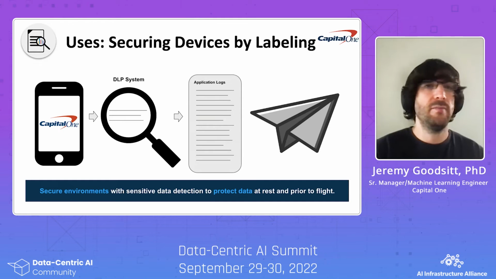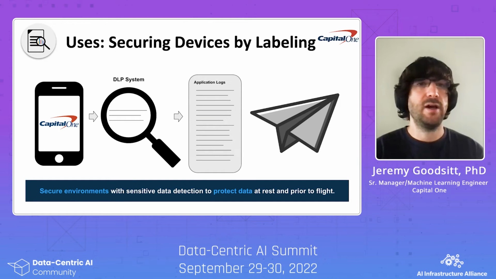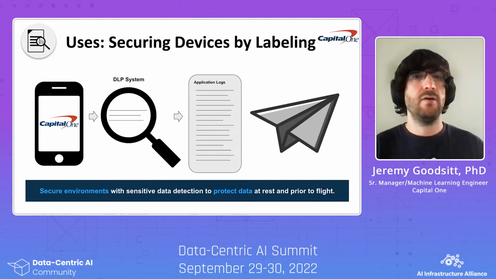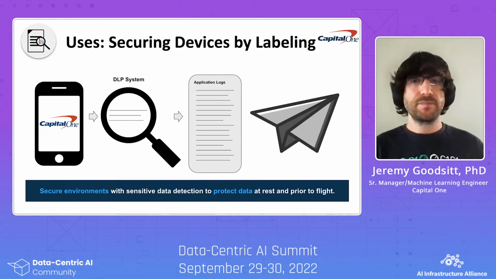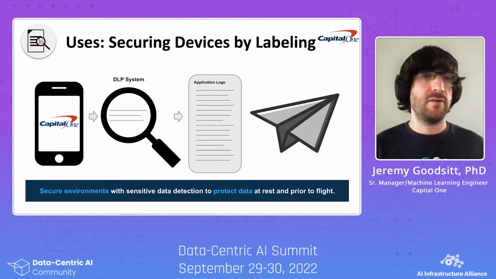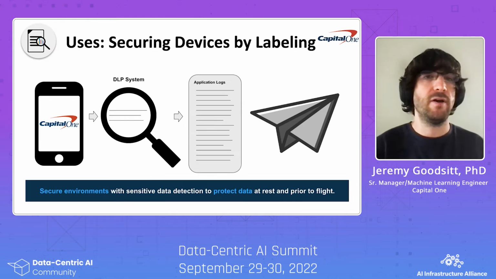It could be just a security number, utilizing labels to be able to identify this and secure a data set, which is really important because then we could utilize profiles to identify where sensitive data might exist, or utilize profiles to ensure that before data leaves an environment that it doesn't have sensitive data, and be able to identify where within that data set we can then scrub them before it leaves that environment. So we're protecting our data at rest as well as prior to flight before it moves into a new environment.